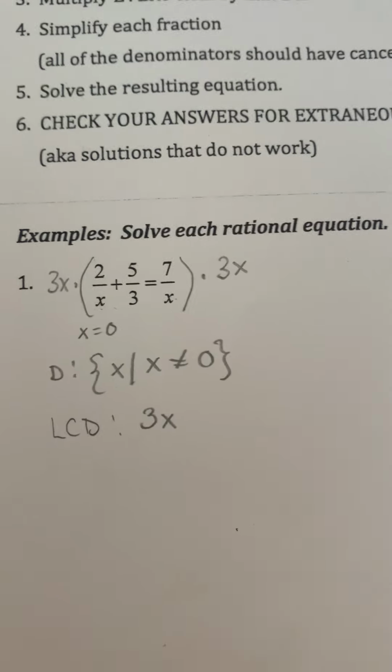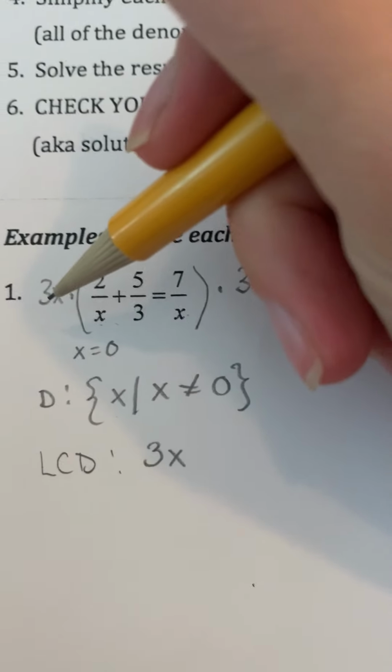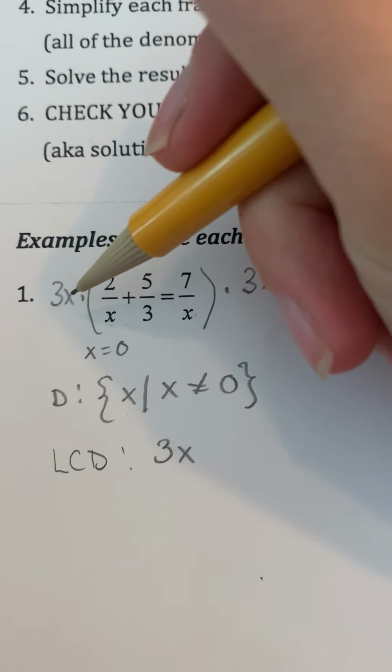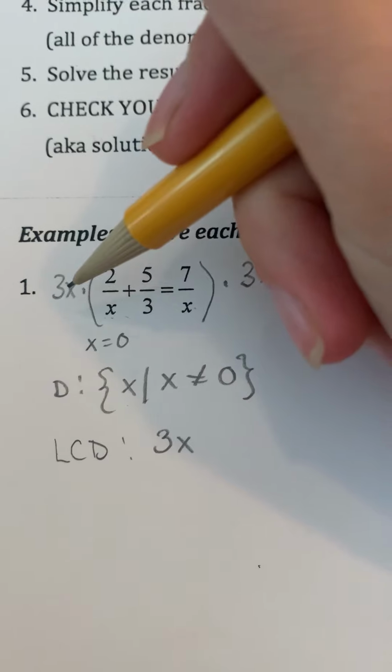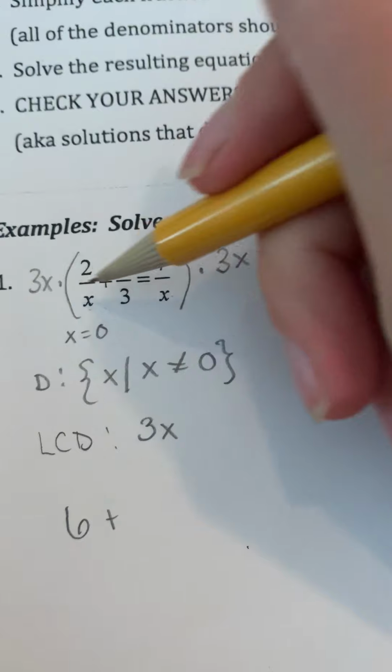By doing that, it's going to allow us to simplify each fraction. So if we look here, right, 3x times 2 over x, the x on top will cancel with the bottom. So we'll simply just get 3 times 2, which is 6. Same deal, 3x times 5 over 3. In this case, the 3's will cancel, so I'll be left with 5x.